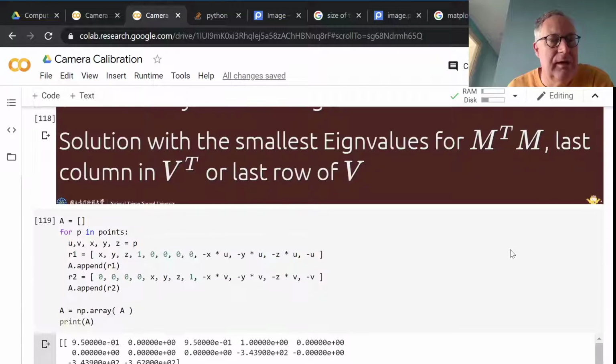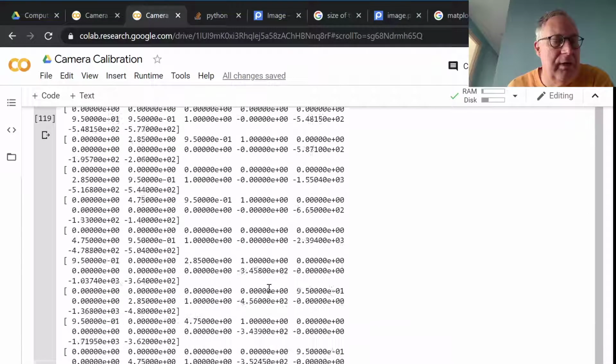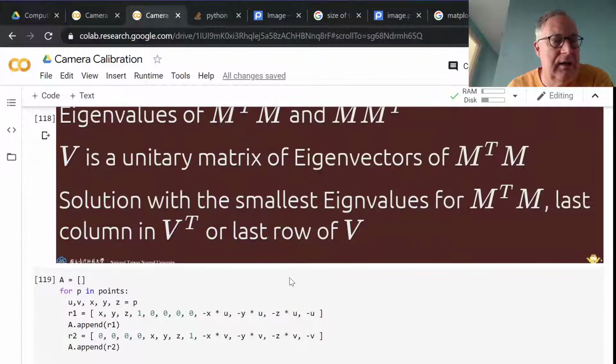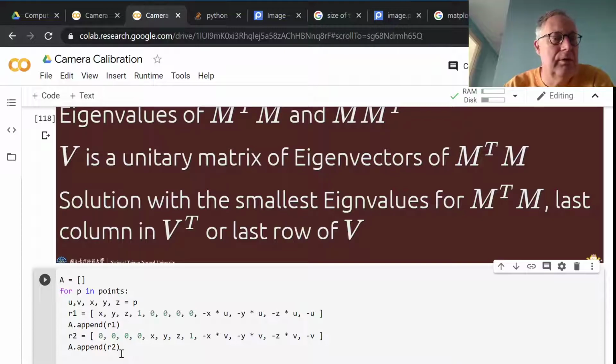So we only have 12 unknowns. Each point gives us 2 equations, so I need 6 points in order to be able to calibrate that. Minimum of 6 points, but in practice you need to have at least 15 points to get a good calibration.